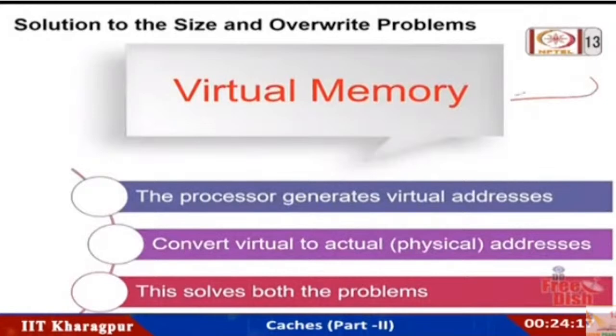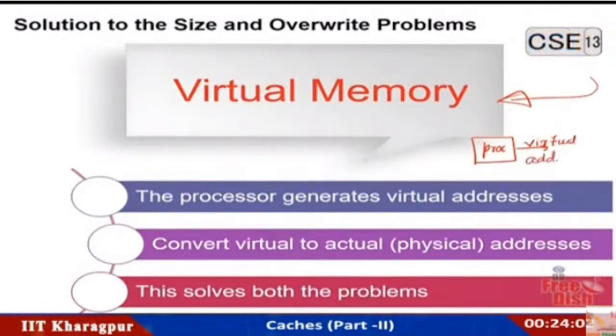So what solves both the problems? Virtual memory. The key idea is that the processor generates addresses which are virtual addresses. Virtual addresses preserve the abstraction that the process owns the entire memory map, at least from 0 to 3 GB.